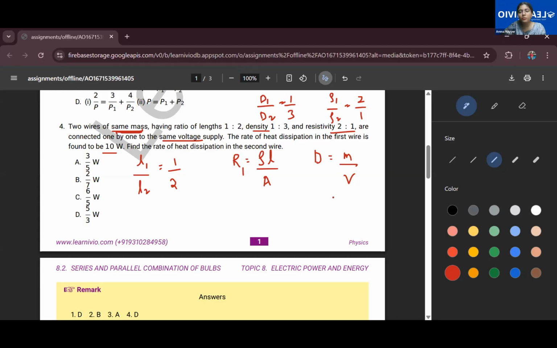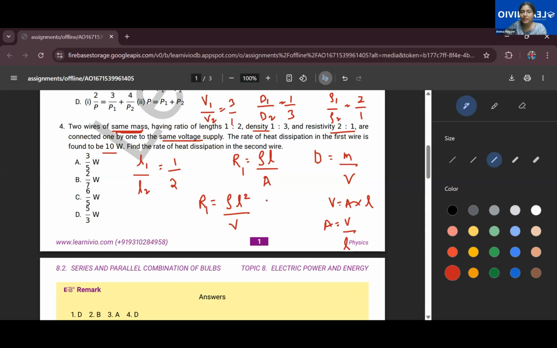Okay, now see, volume is equal to area into length, right? Volume is equal to area into length. So from here, if I want to replace area, I can write this as volume divided by length. So I'll put it here. So resistance is going to be ρL square by volume, right? Now volume is exactly inversely proportional to density. So whatever is the ratio of density is the reciprocal ratio of the volume, 3:1.